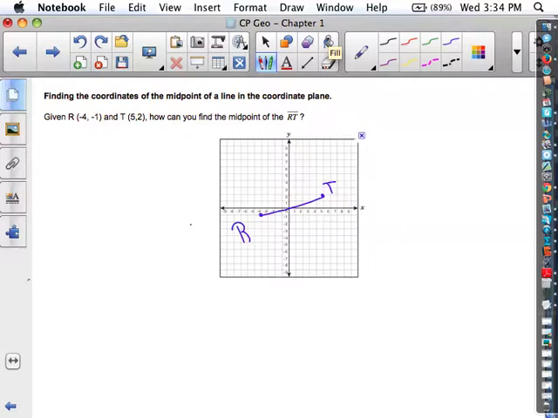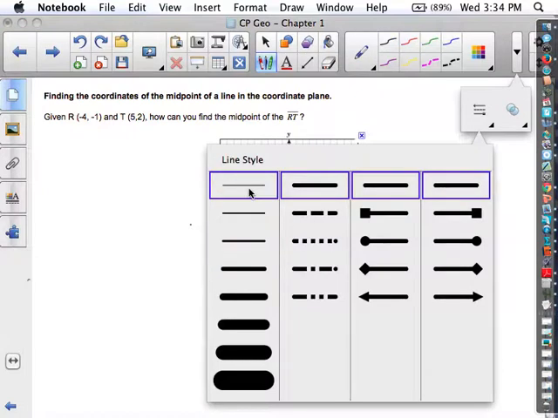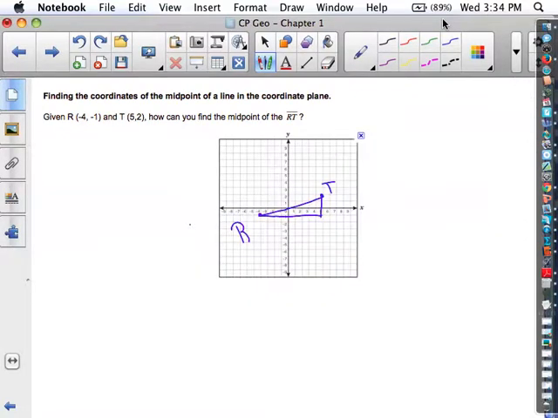And again, if you wanted to, you could draw the triangle, and you could say, well, what point is halfway between these 2 points horizontally? So from -4 to 5, that's 9. So it would actually be about a half.